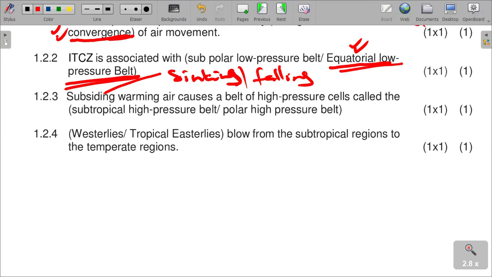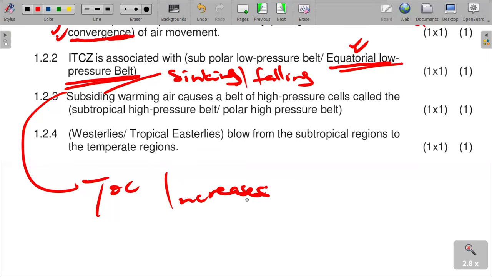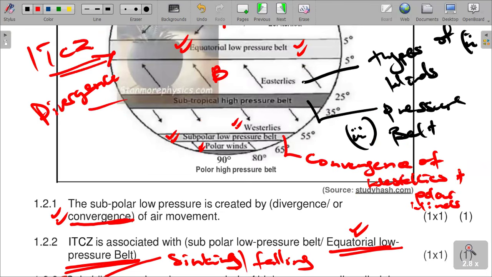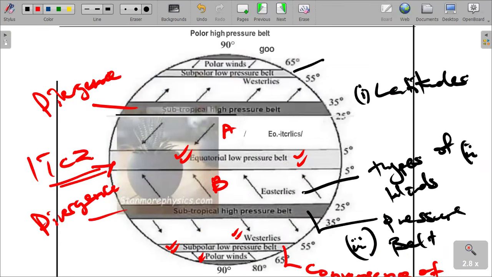When air masses are subsiding, sinking or falling, temperature increases, and therefore these are associated with subtropical high pressure cells.